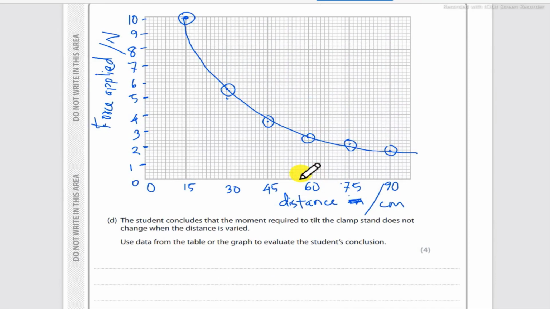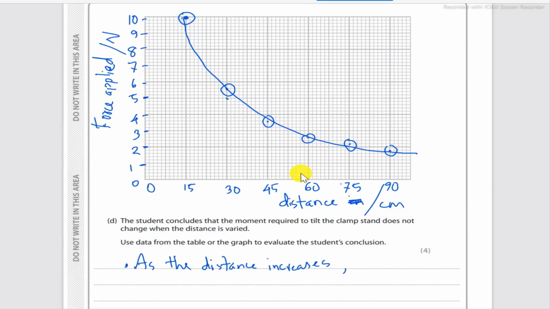So, point number 1: as the distance increases, the force decreases.